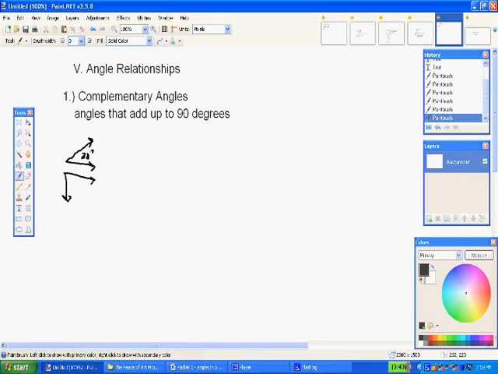So if this was 30 degrees and this was 60 degrees, 30 plus 60 gives you 90 degrees. So these two angles are complementary. You can also see complementary angles together. You can see complementary angles share a side.